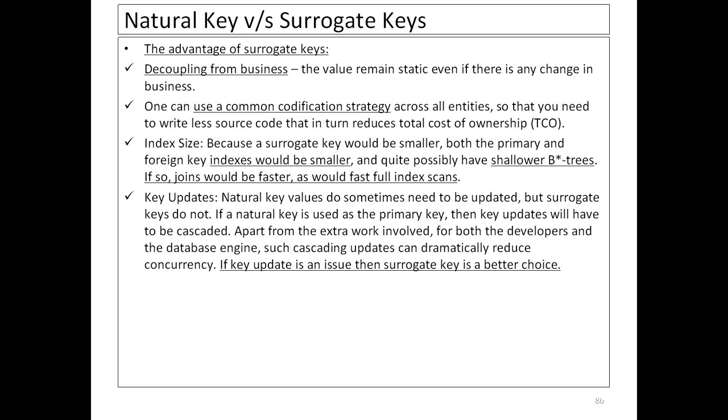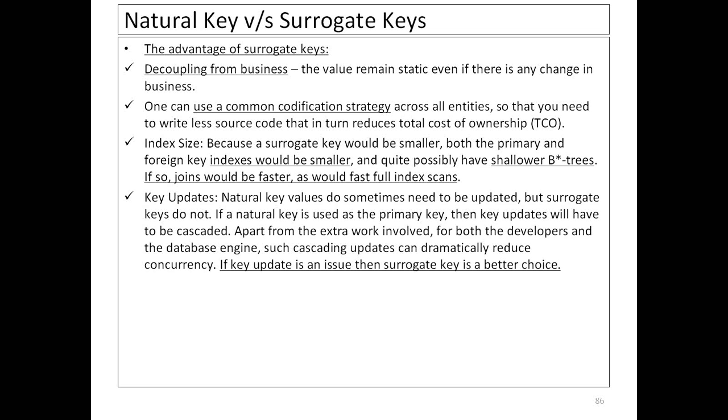And moreover, when a natural primary key is used and it gets updated, the instance itself gets changed. That is, overall, the identification criteria for the instance itself gets changed. And this particular change needs to be propagated to all the child tables as well.